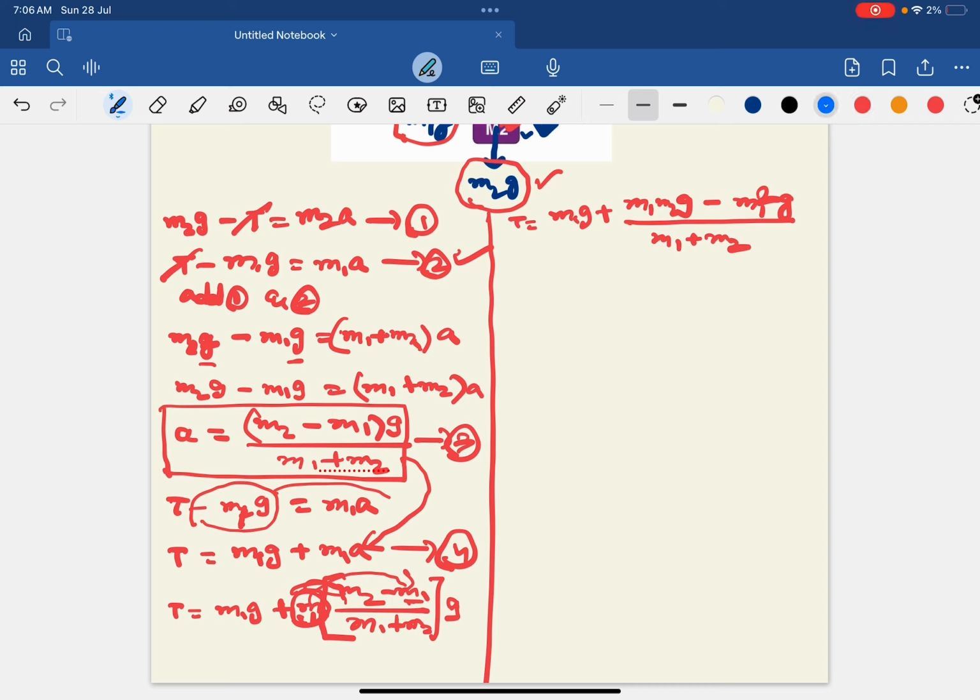Whatever the denominator term is here, that is m1 plus m2, this is multiplied with m1g.